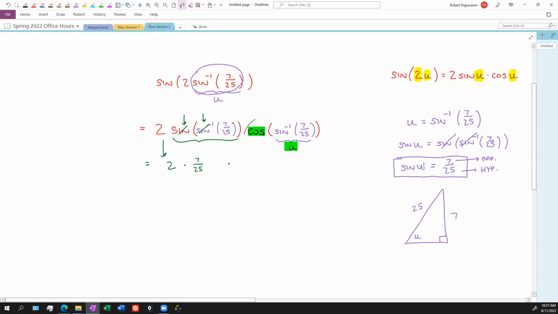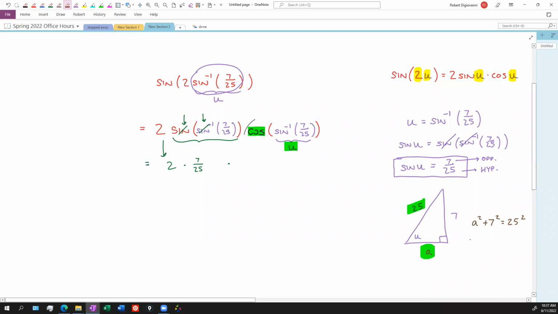If I know that sine of u is 7/25, and I draw my right triangle, then cosine of u would be whatever this adjacent side is divided by 25. So now what you need to do is figure out what that adjacent side is. I'm just going to call it a. And we know by Pythagorean that a squared plus 7 squared must equal 25 squared.